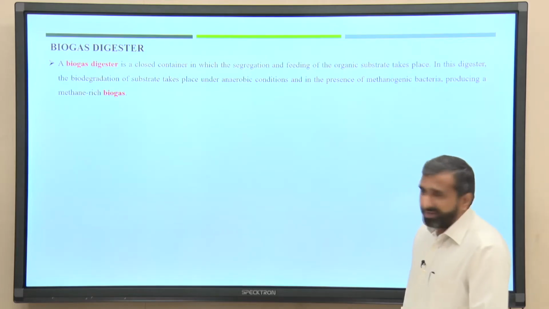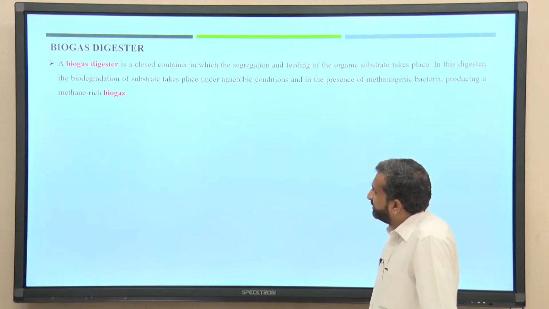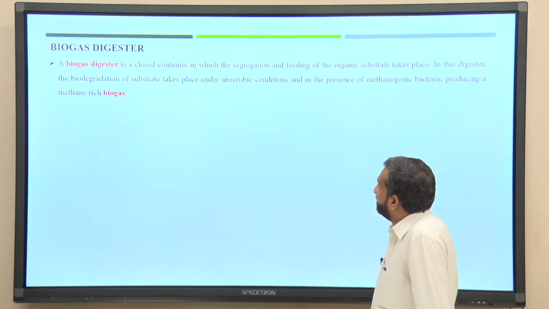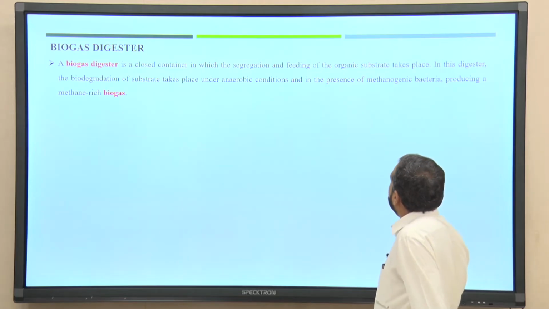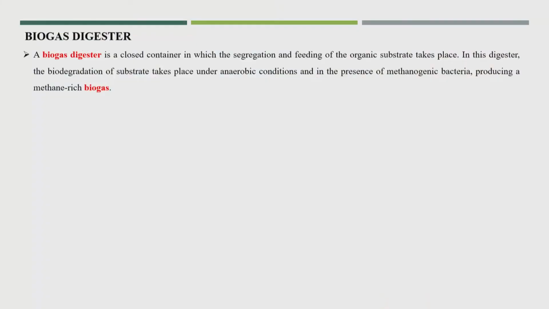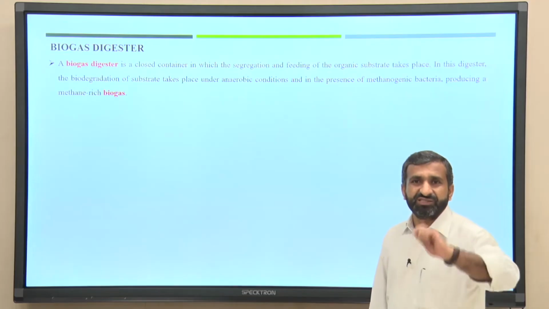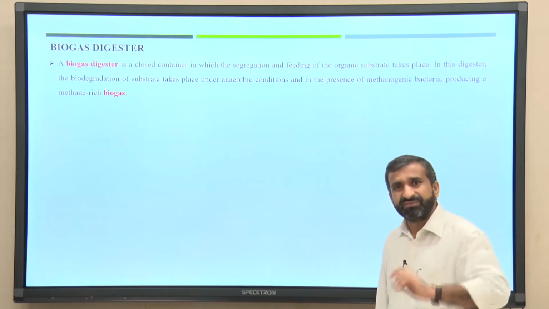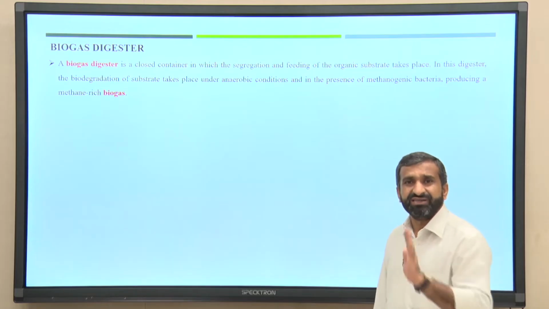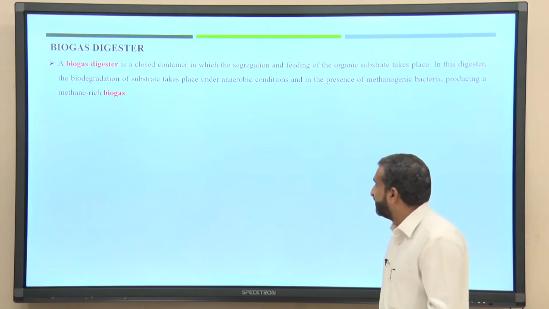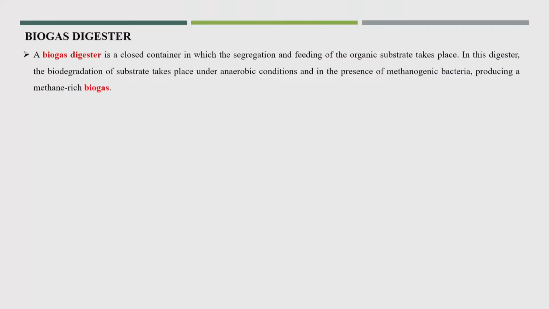So, what is a biogas reactor? The biogas digester is a closed container in which segregation and feeding of the organic substance take place, and majorly acetogenesis and methanogenesis happen inside this reactor. In this digester the biodegradation of substrate takes place under anaerobic conditions, in the presence of methanogenic bacteria, producing methane-rich biogas.